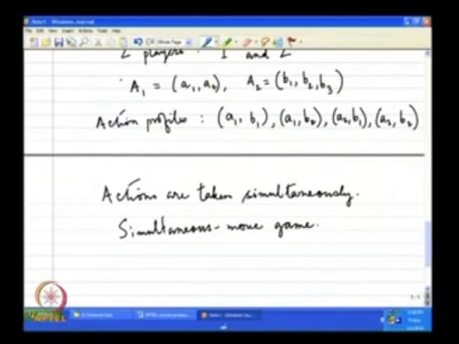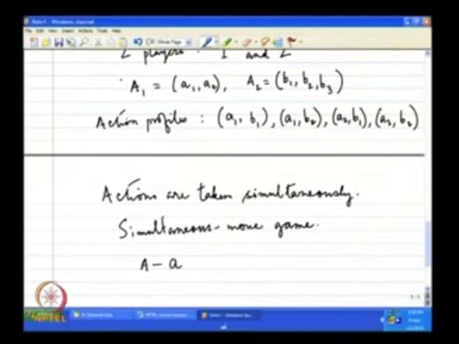This is one way of looking at a strategic form game. Another way is not to visualize that the actions take place simultaneously, but to say that it is possible they occur one after another. Suppose A is taking an action, and B is taking another action.